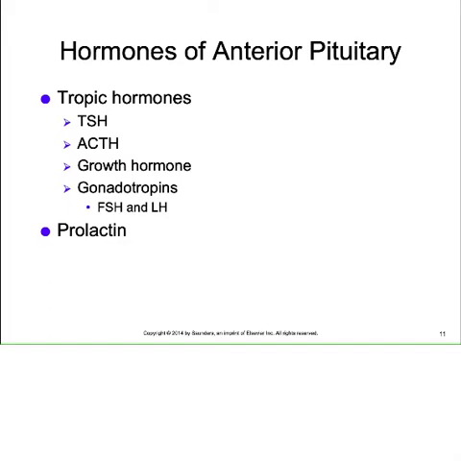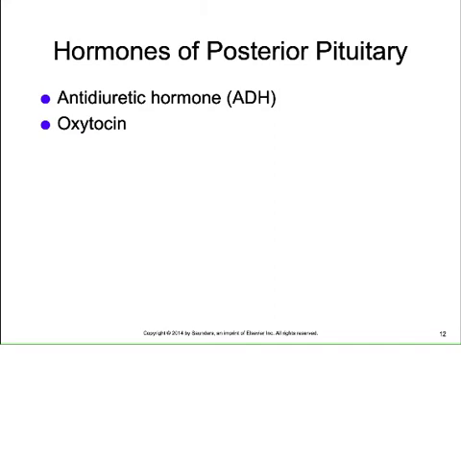And gonadotropins control the release of hormones from the gonads, which, along with the gonadotropins, also has an effect not only on secondary sex characteristics, but also reproductive cycles. Okay? And then prolactin promotes milk production from the breasts.